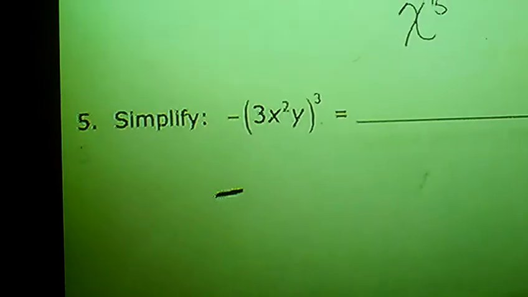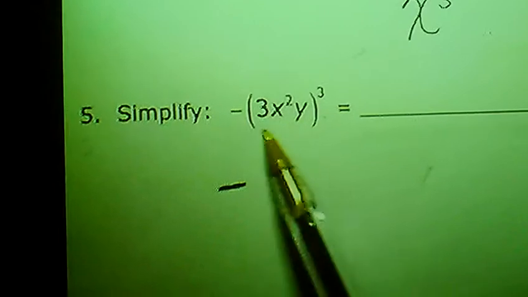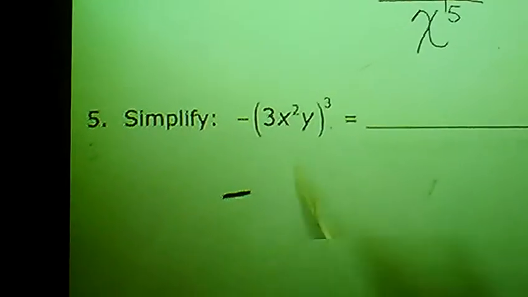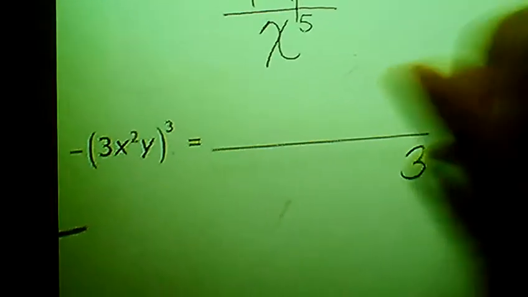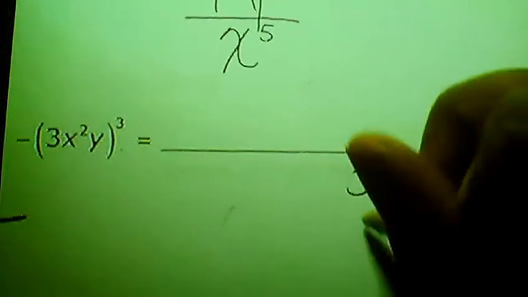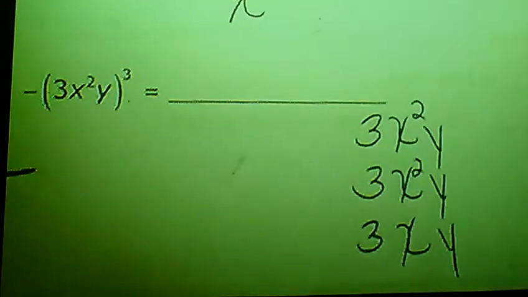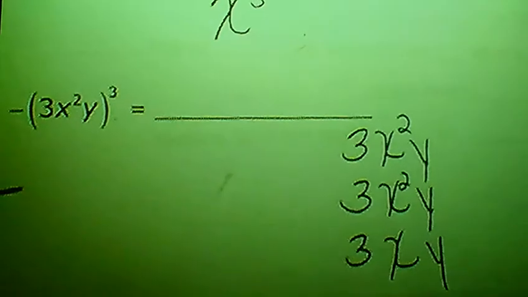So we'll bring our negative down. Now this 3rd power says we will write 3x squared y 3 times. I'm going to do a little scratch work out to the side. So we'll have 3x squared y times 3x squared y times 3x squared y.